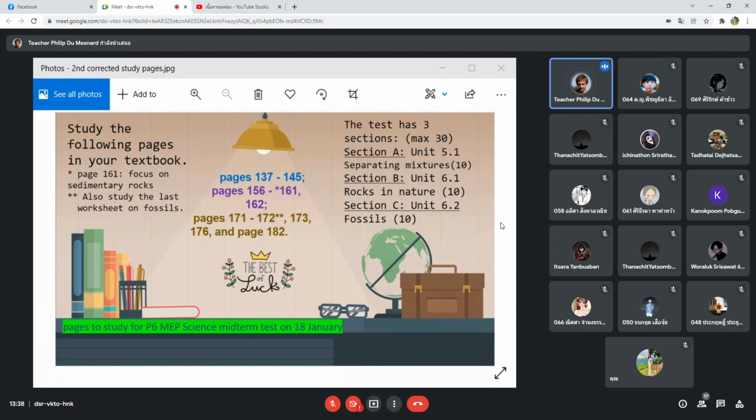Okay, so let's see. 171, 172, 173, 176, and 182. Okay, so let's start and look at the pages.